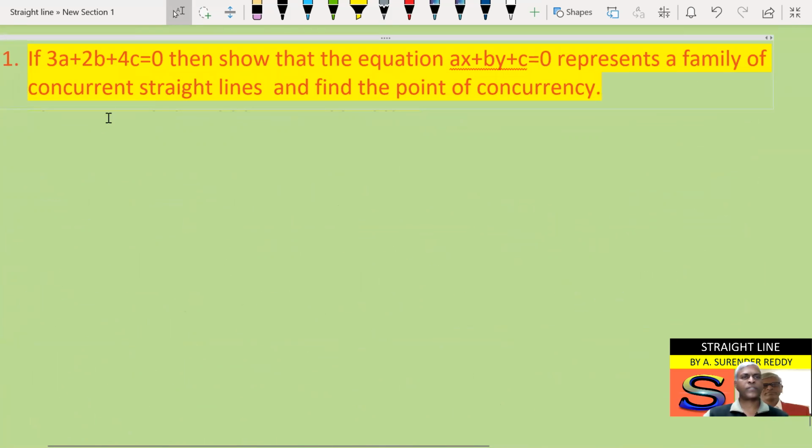If 3a plus 2b plus 4c is equal to 0, then show that the equation ax plus by plus c is equal to 0 represents a family of concurrent straight lines and find the point of concurrency.